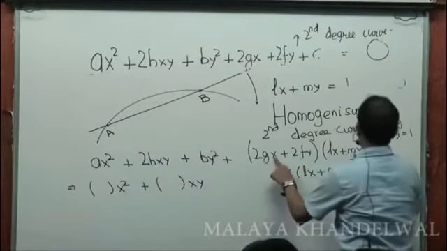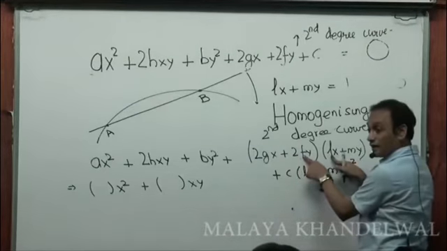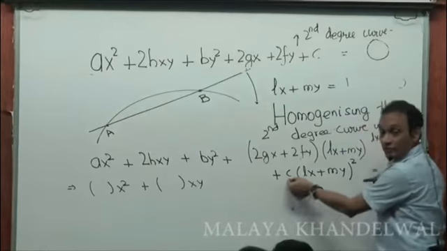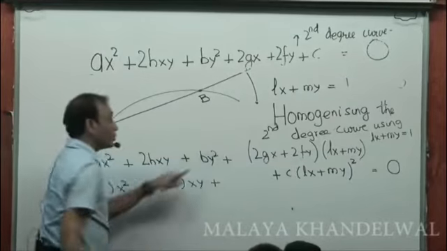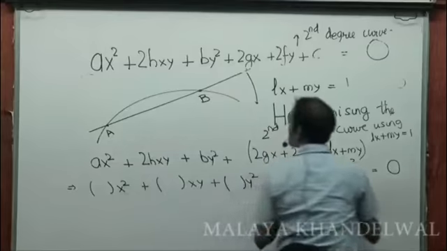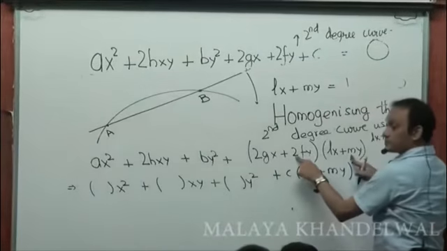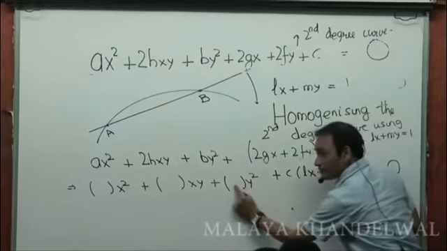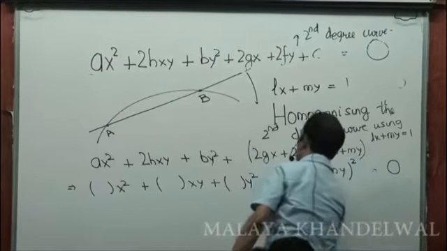Then there is an xy coming from here, 2g into m and 2f into l. There is an xy coming from here and there is a middle term, 2lm into c coming from there. So something into xy plus something into y squared. Y squared terms: a y squared term comes from here, a y squared term comes from here, and there is an m square c, another y squared term. So they're all put together in this location. That equal to 0 is what I get.